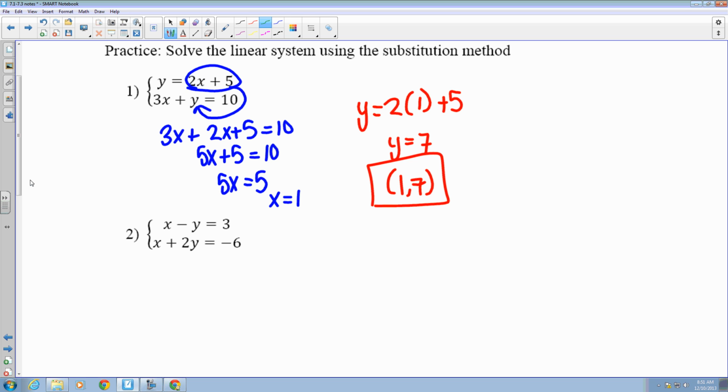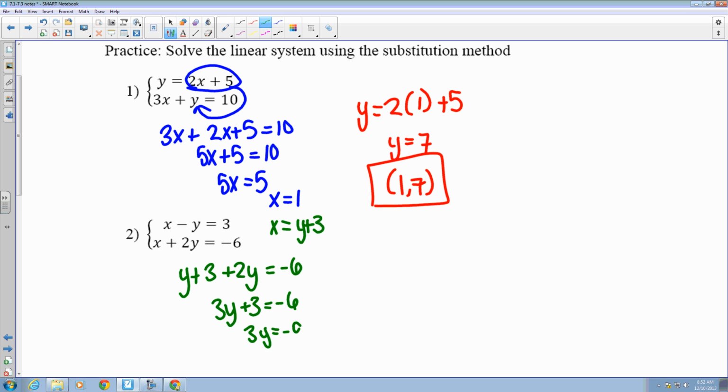Okay, top one I think we could solve for x. Might be a little bit easier. Just add the y across. Plug that in for the x. And then plug that into the equation that was solved for x.